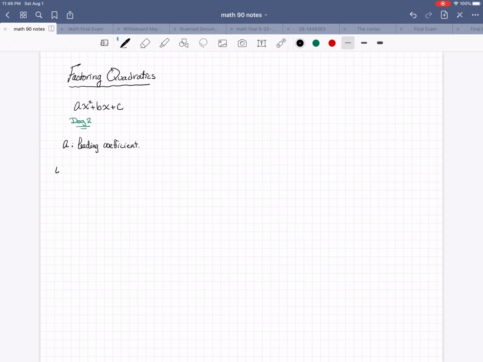For example, let's factor x squared minus 4x minus 5. This is a degree 2 polynomial.